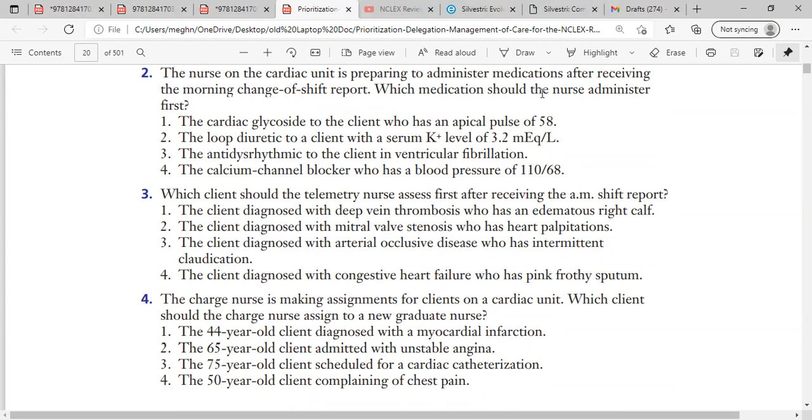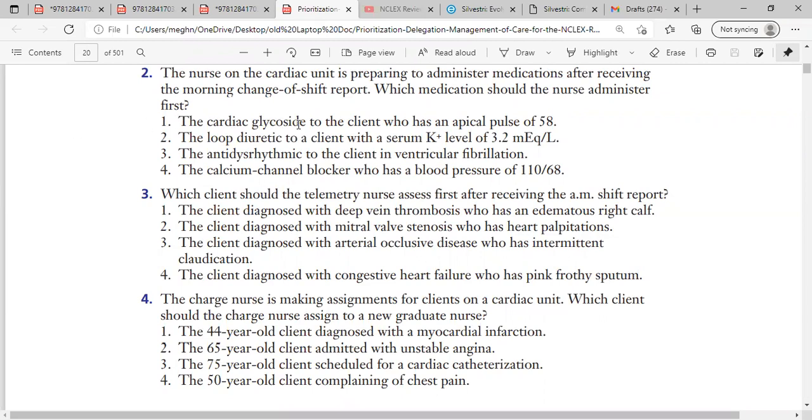Which medication should the nurse administer first? There are 4 options. Which patient or medication are we supposed to give first? This is the question.